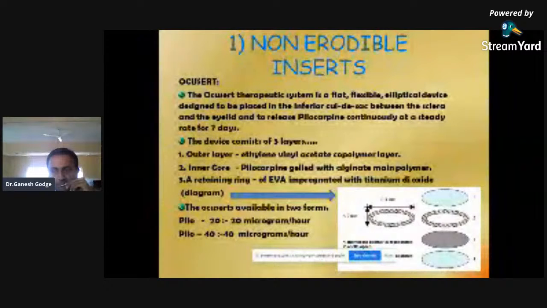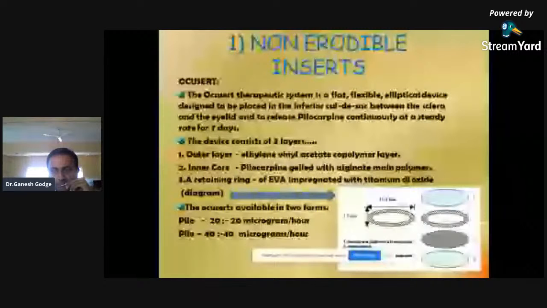The outer layer and inner layer, 1 and 4, are going to be inserted into this shape-retaining ring.